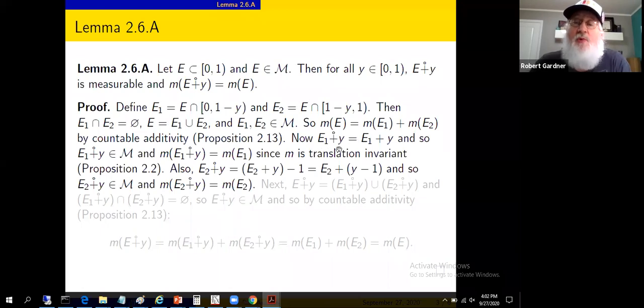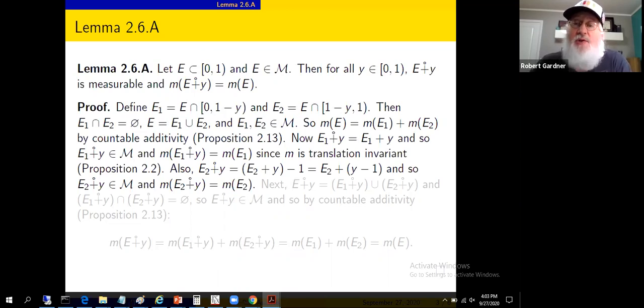When we take E1 and circle plus translate it by an amount y, that simply gives us E1 plus y, as mentioned earlier. We don't get numbers greater than or equal to 1 when we add y to E1, so we don't have to adjust it. E1 circle plus y simply is E1 plus y, so that's measurable.